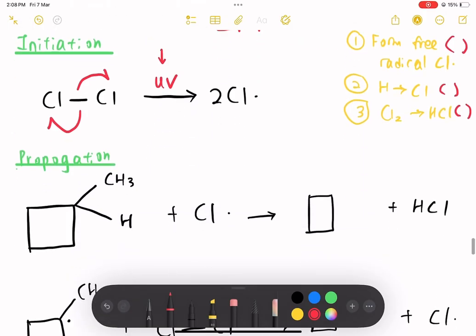Next, after you form the free radical, take a tick. The next step, we need to replace H with Cl. So the free radical will always try to steal one electron from the others. In this case, this H.